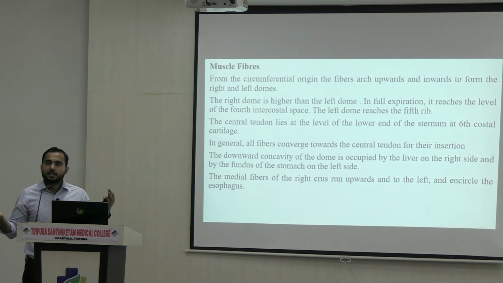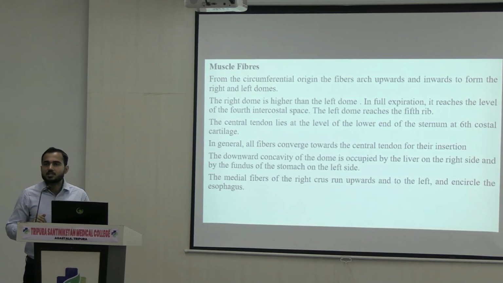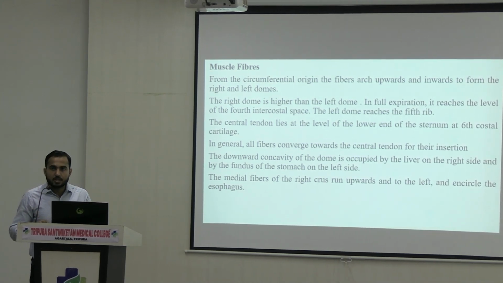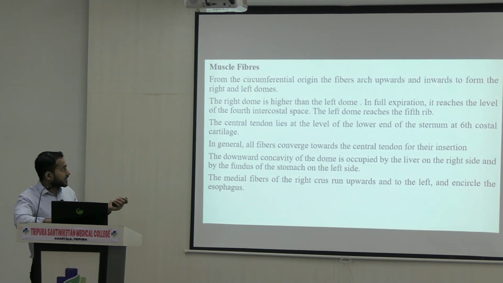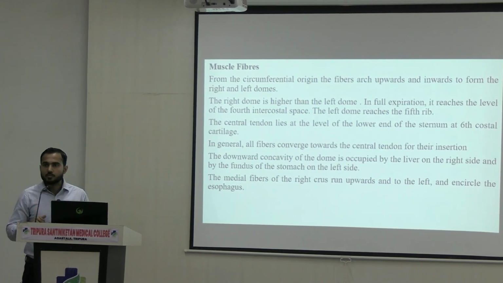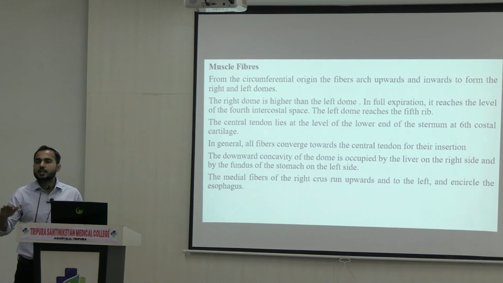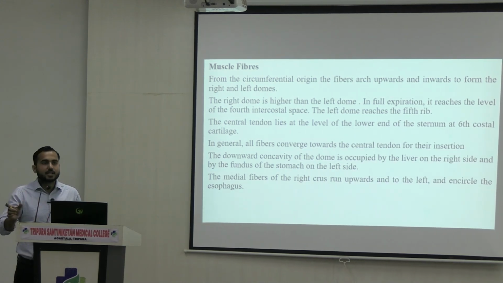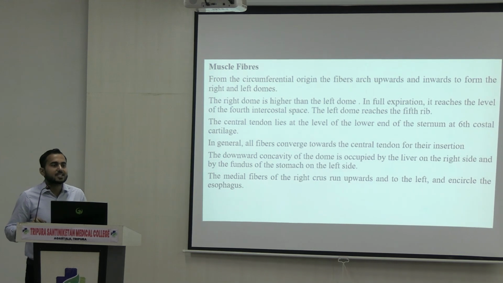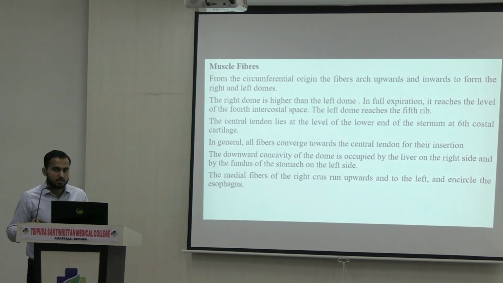So, from the periphery, the fibers are arranged in a circumferential fashion, then you have seen they go upwards and inward to form the dome, and then ultimately they converge at the center to form the central tendon of the diaphragm, located at the level of the 6th costal cartilage.